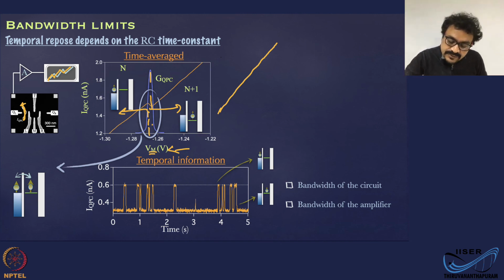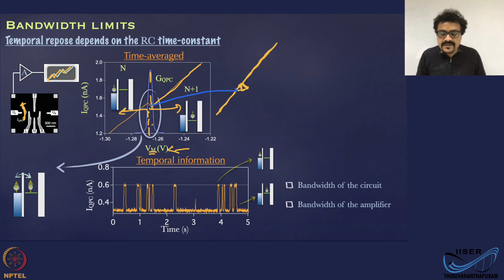So the overall slope, as shown here, is the effect of the direct coupling of the gate to the QPC channel. And this small bump is actually a reduction in the current.